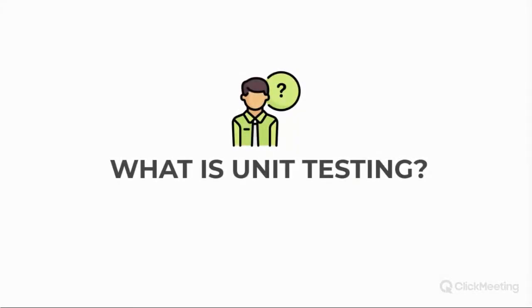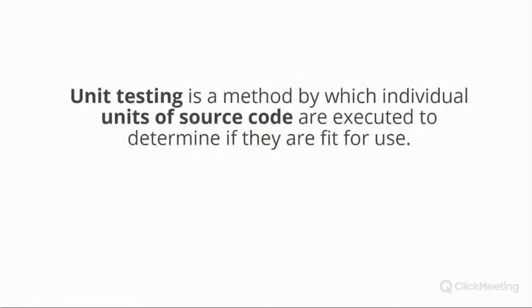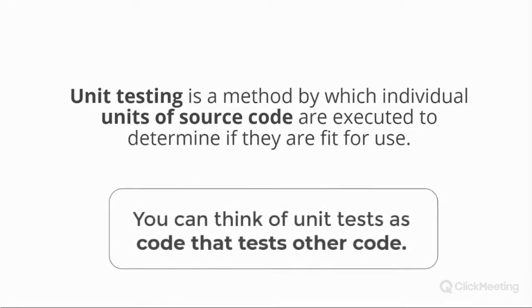So, what is unit testing? Unit testing is a method by which individual units of source code are executed to determine if they are fit to use. The goal of a unit test is to separate each part of the program and test that the individual parts are working correctly. You can think of a unit test as code that tests other code.